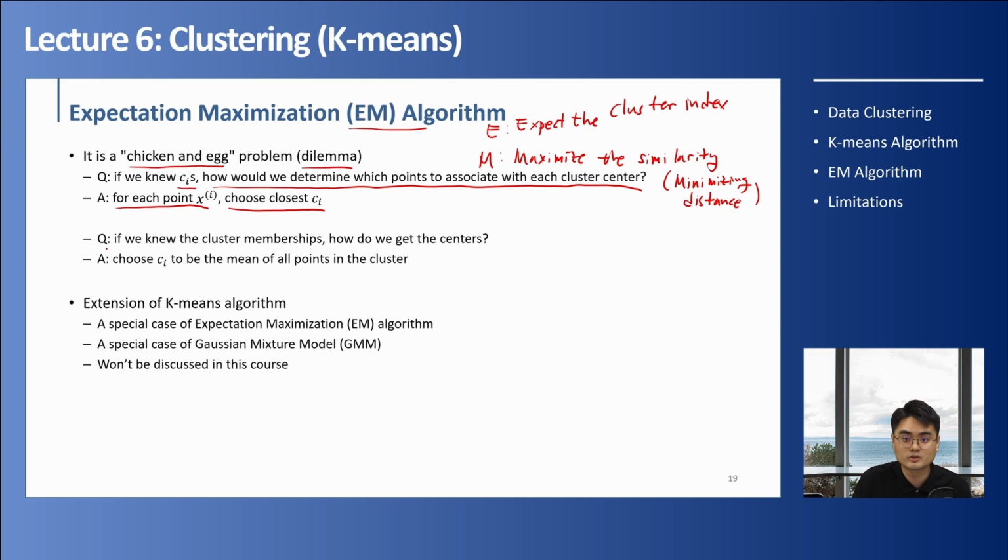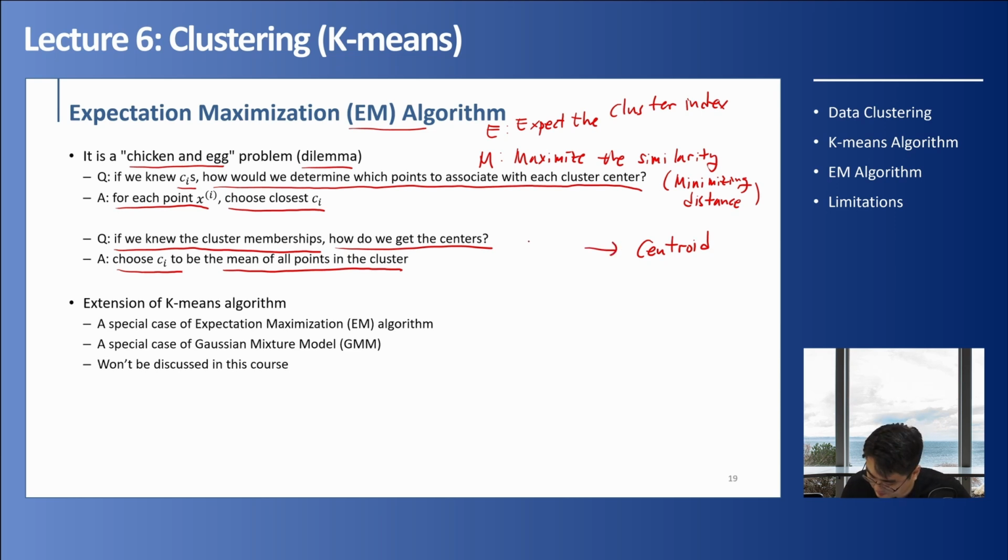However, we can also ask this question. If we knew the cluster memberships, ci, how do we get the centers? We can choose the centers of our clusters to be the mean of all points in the cluster. So to know this center information, which I'll call the centroid, we first need to know the cluster index.